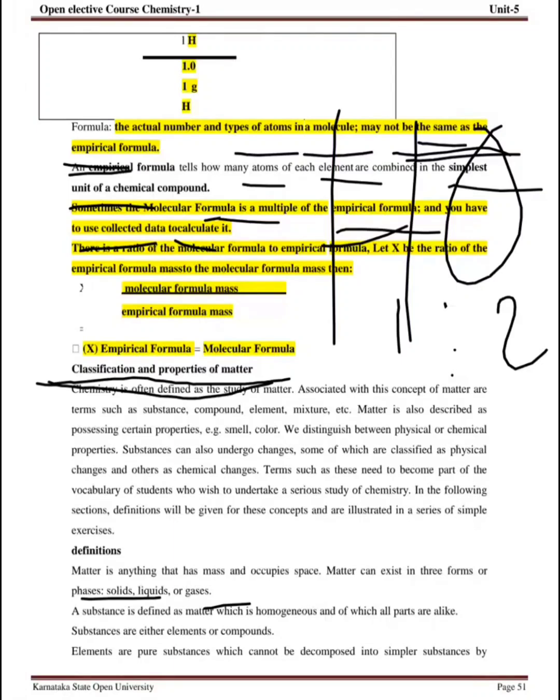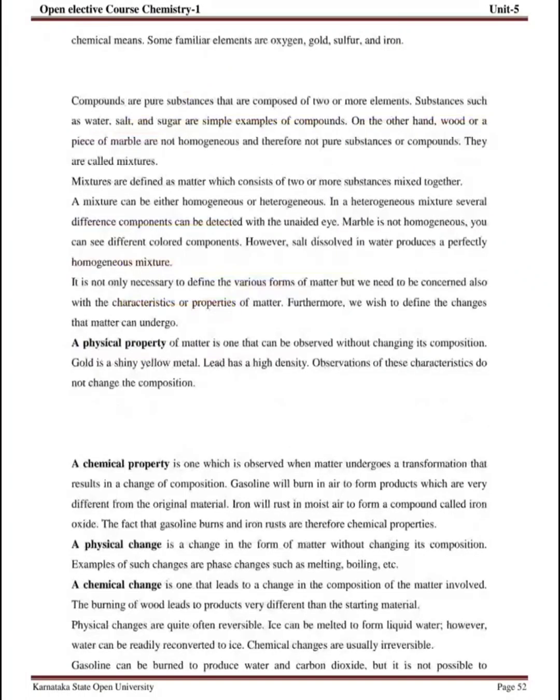Some of these changes are classified as physical changes and others as chemical changes, in the liquid, solid, and gaseous states. Then next are compounds, pure substances that are composed of two or more elements.